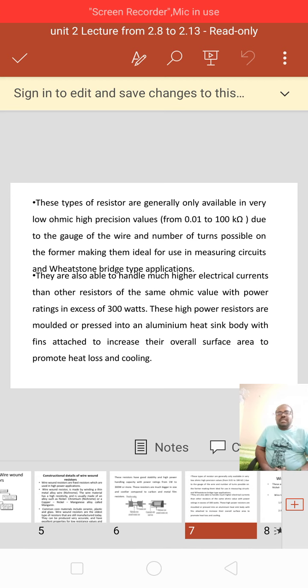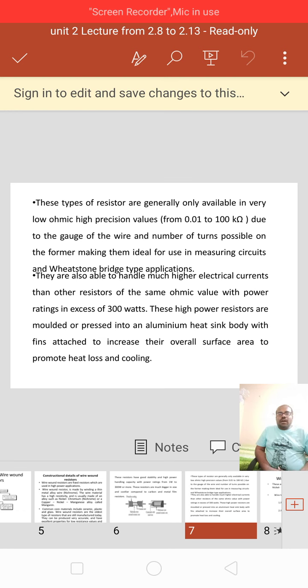These resistors are generally available in very low ohmic values and handle high power, with high precision values from 0.01 ohm to 100 kilo ohms, due to the gauge of the wire. Here gauge means the size of the wire, like thin or thick.